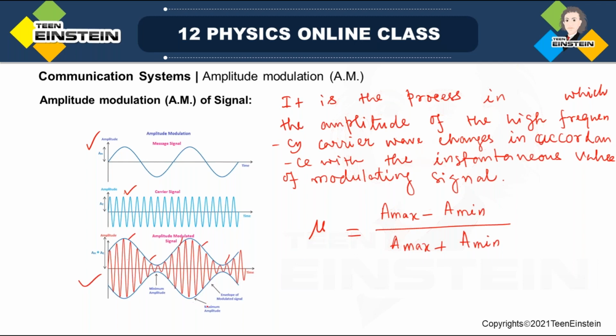This is the maximum amplitude, and here is the minimum amplitude. The minimum is not necessarily zero here.